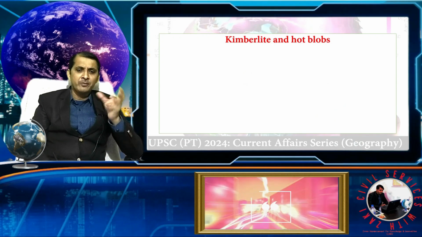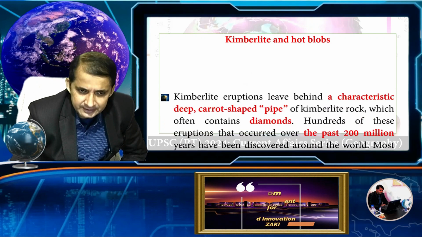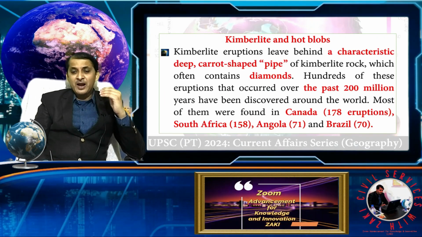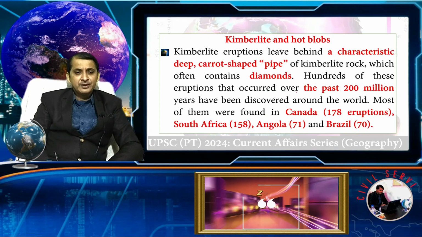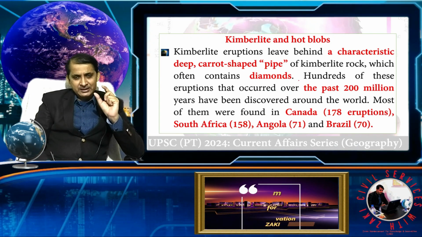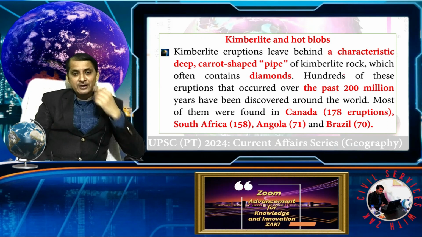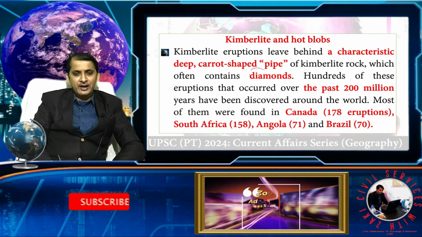So what is a hot blob and kimberlite? See here, kimberlite eruptions leave behind a characteristic deep carrot-shaped pipe, as we saw earlier in the animation. Kimberlite rock often contains diamond.